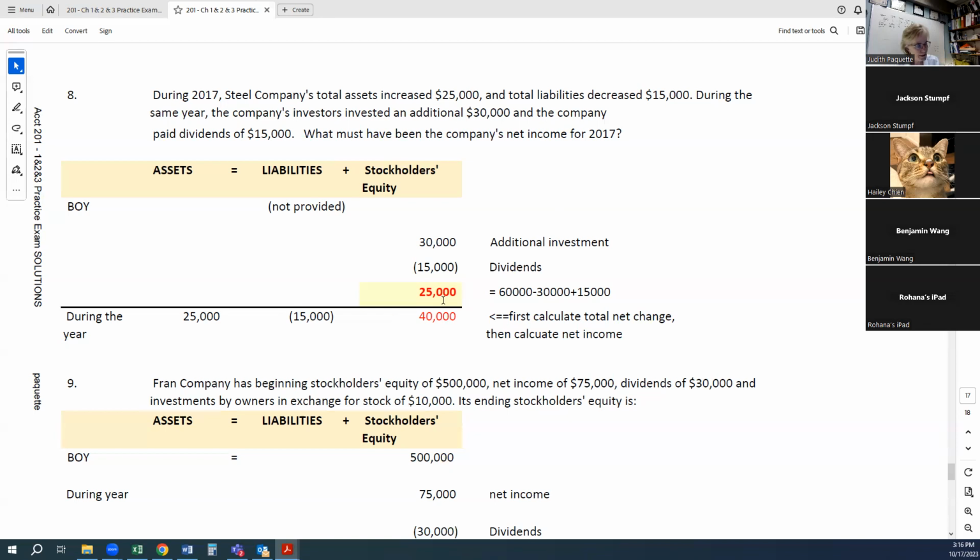We know the ending balance for the activity during the year. So we're saying 30 minus 15 plus what is 40,000. The 40,000 is given to us, right? So it's not given, you had to calculate it.